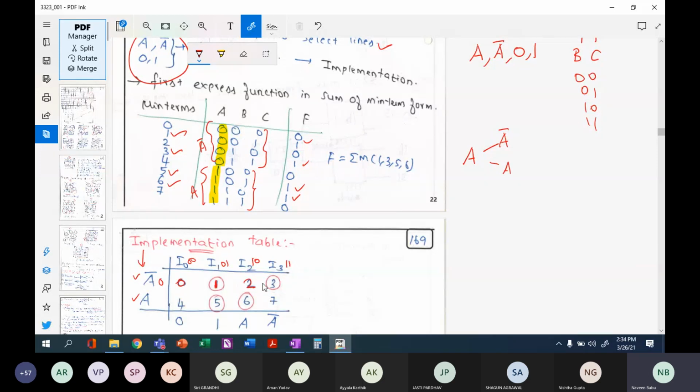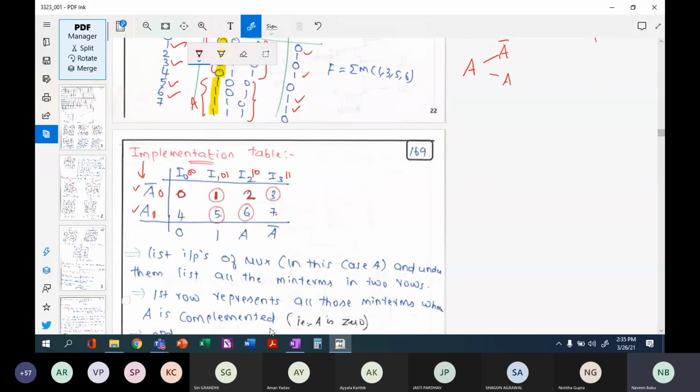I3 corresponds to 11, so 011 corresponds to 3. No need to write in grayscale, you can just list down. And for A, 100 is 4, 101 is 5, 110 is 6, and 111 is 7. So you have listed down the min-term numbers.